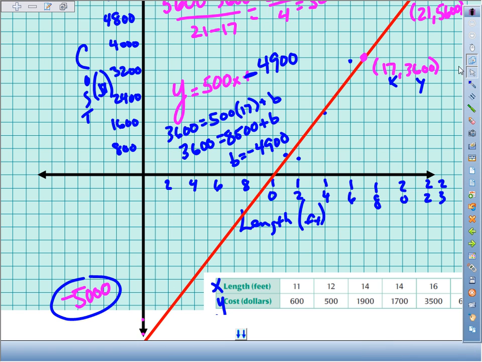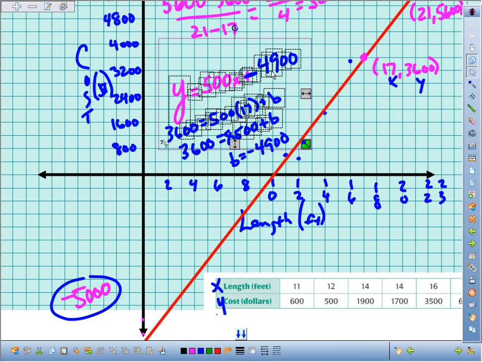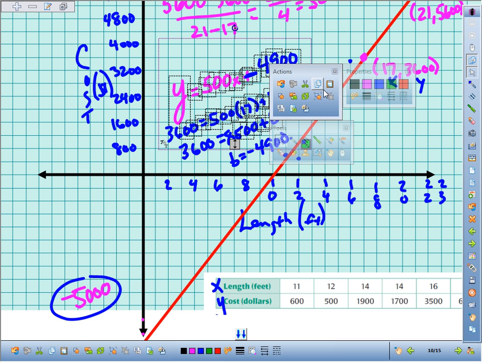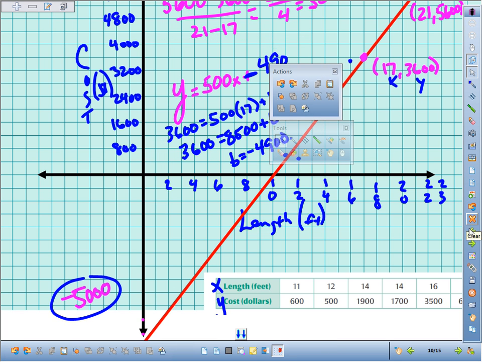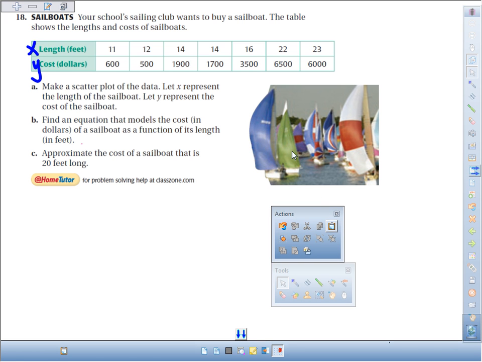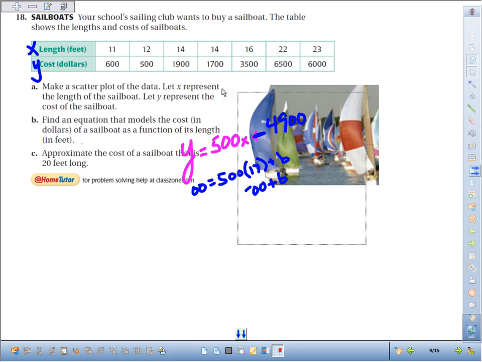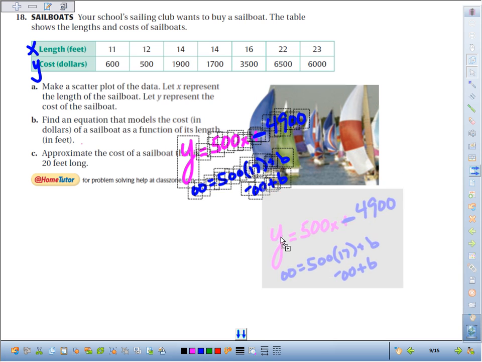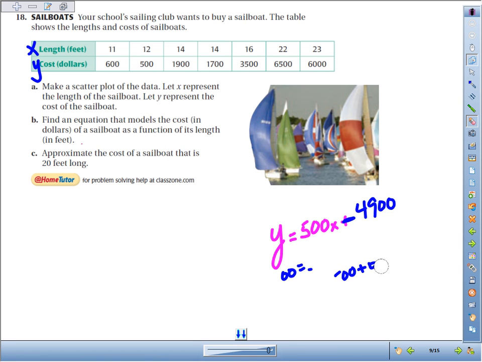Let's use that. Go back here. Okay, there's our equation and some extra stuff that we don't really need. Okay, we did part A. We made the scatter plot.